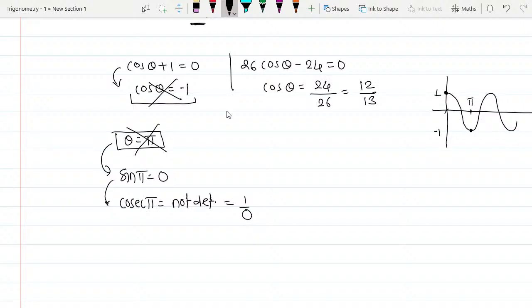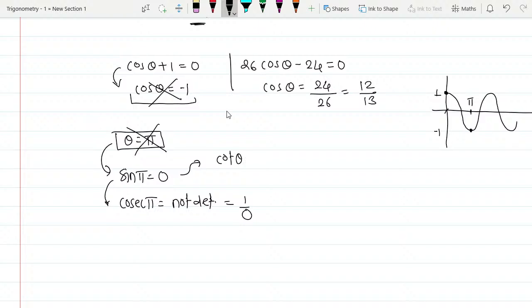I hope you are understanding. So that's why this 180 degrees I cannot take. I hope you have understood why I am saying this. At theta equal to pi, sin pi becomes 0. That's why cosec is not defined. If cosec is not defined and sin pi is 0, what will be the cot value?